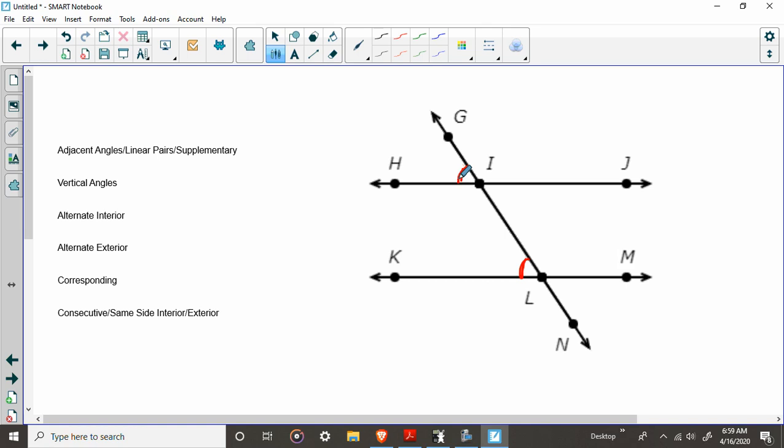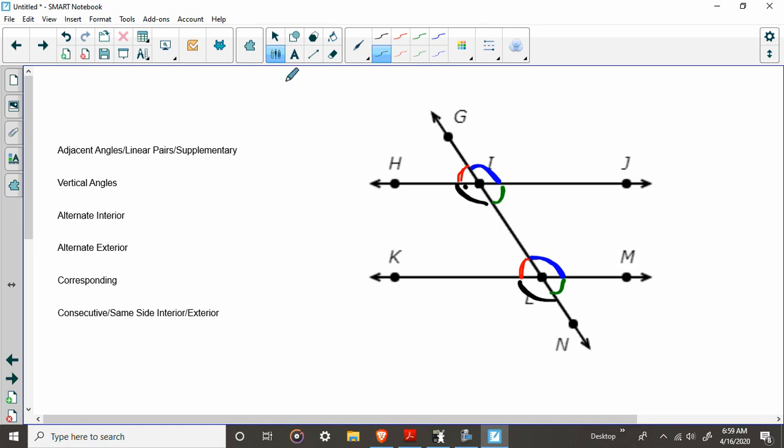Again, if I took this whole intersection and just kind of slid it down, these would be the corresponding ones. This one will correspond with this one. This one will correspond with this one. And this one would correspond with this one. So it's in the same position at the other intersection.